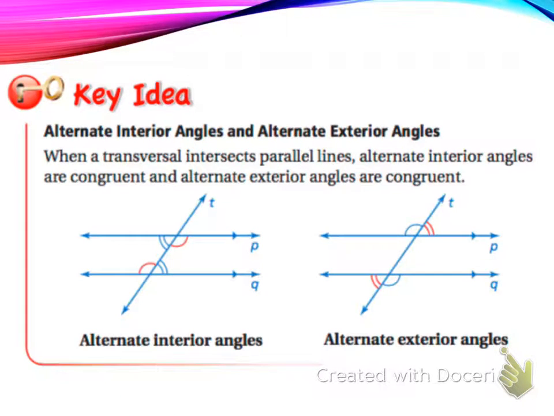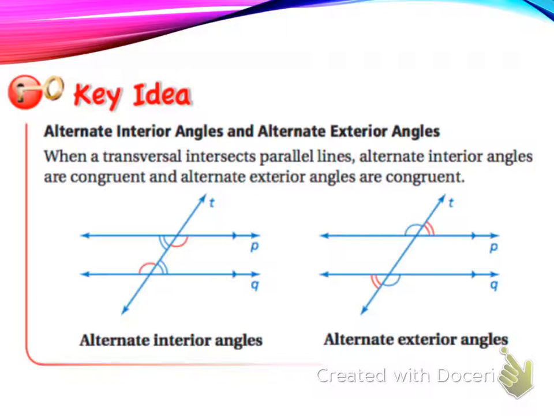So our key idea here is alternate interior angles and alternate exterior angles. When a transversal intersects parallel lines, alternate interior angles are congruent, and alternate exterior angles are congruent. Remember, alternate just means opposite.